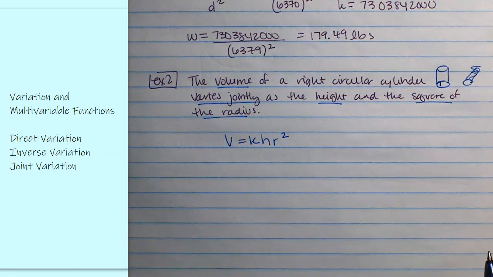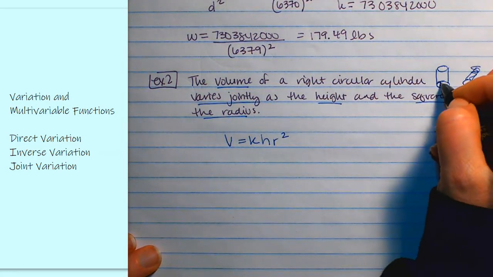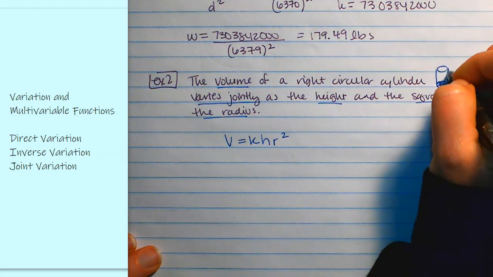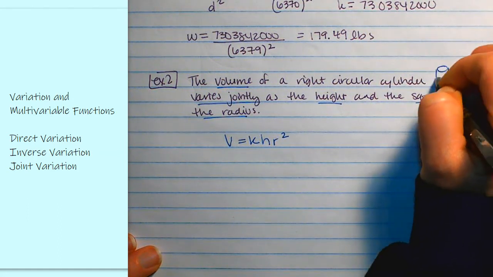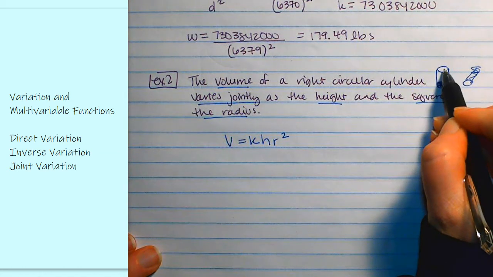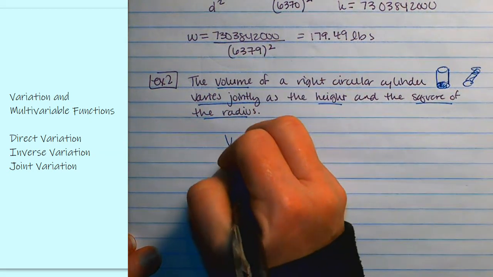So this is supposed to represent the volume of a can. Now, if you remember back to geometry, it's the area of the circle, which is pi r squared, times the height. So it's like you add up every circle going up the cylinder, circle in the bottom, circles in the middle. So k is actually equal to pi in this case.